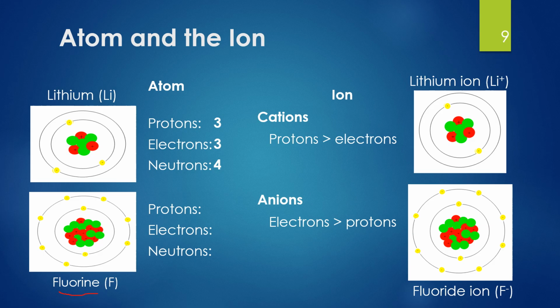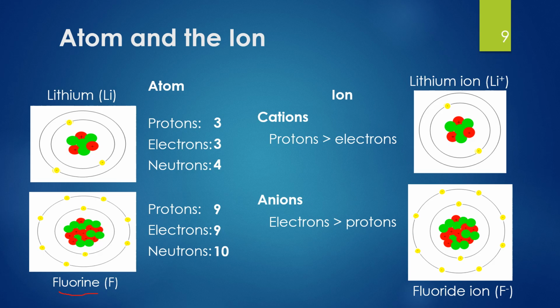That means there should also be 9 yellow negatively charged electrons orbiting that nucleus in order for it to be neutral. Now for the neutrons, it looks like we have 10 is what I count. So there's the overall count for a neutral fluorine atom represented on this drawing.